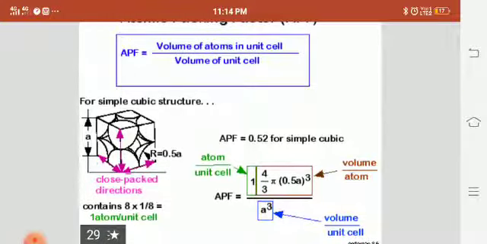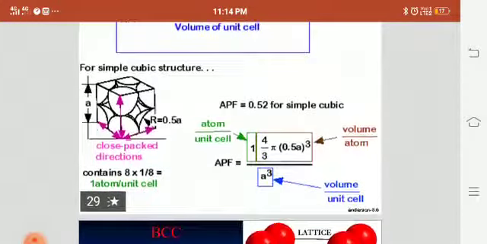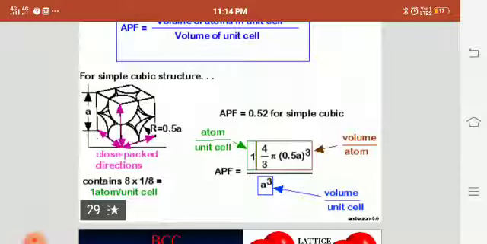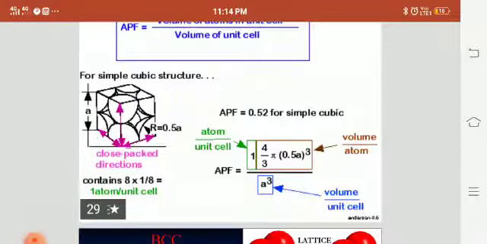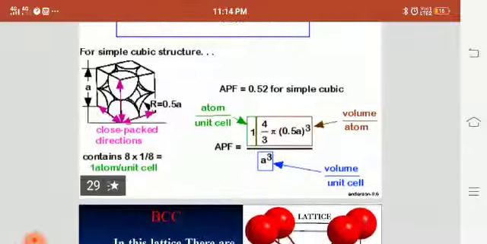Substituting the values, we get atomic packing factor equal to 1 into 4 by 3 pi (0.5 a) cube, divided by a cube. So substituting, we get 0.52 as the atomic packing factor value of the simple cubic structure, where 52% of the space is occupied by atoms. The remaining 48% of space in the unit cell is empty in the case of simple cubic structure.